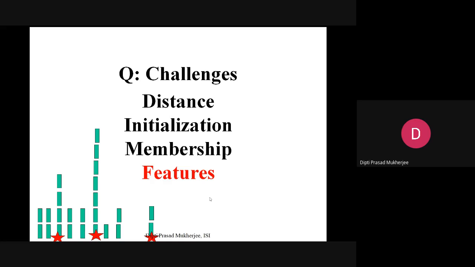So you have a membership which is fuzzy, not very precise. And that also is a challenge, in fact a research challenge in this domain. So to sum up the discussion so far, these are four areas where we should look in a little bit more detail. Okay, any question?